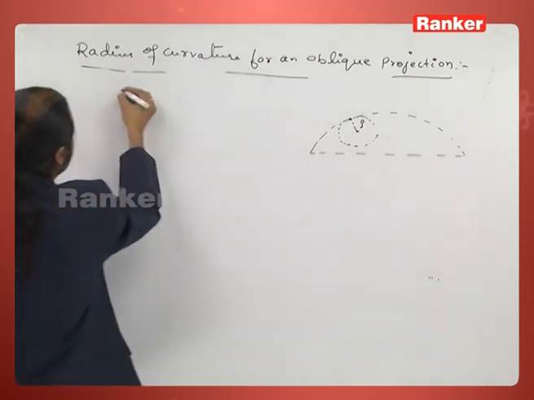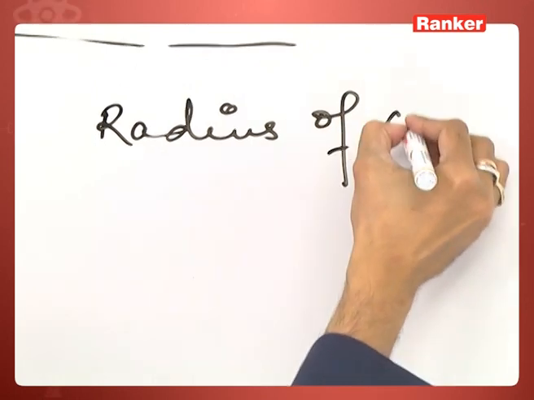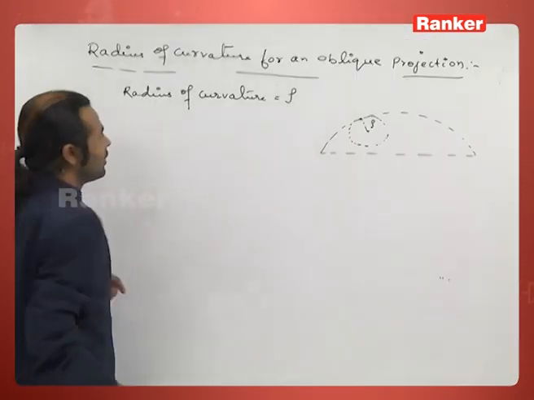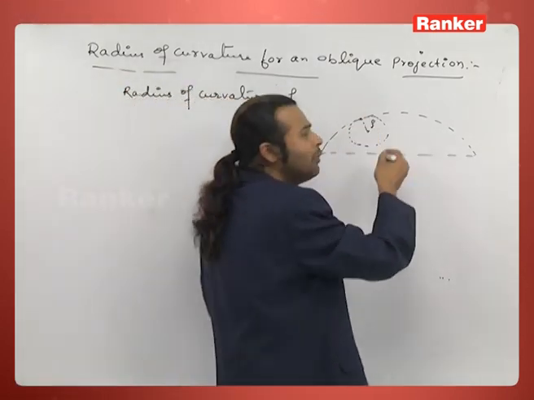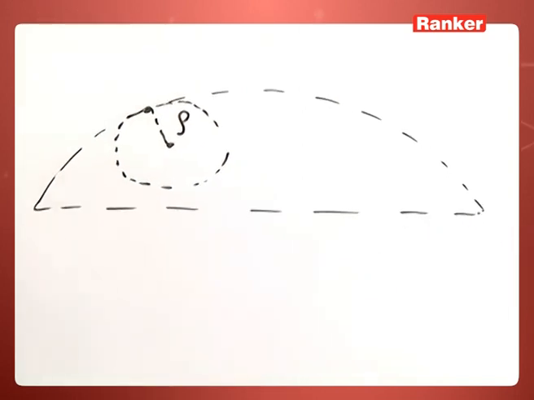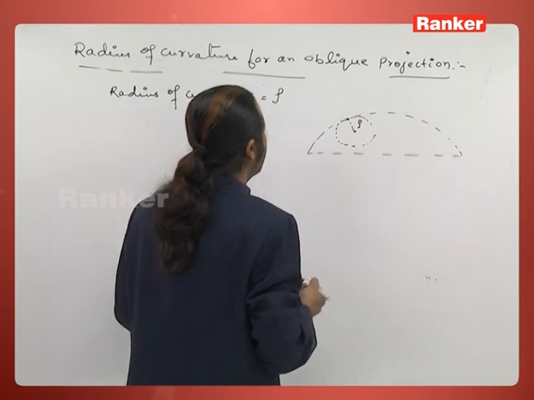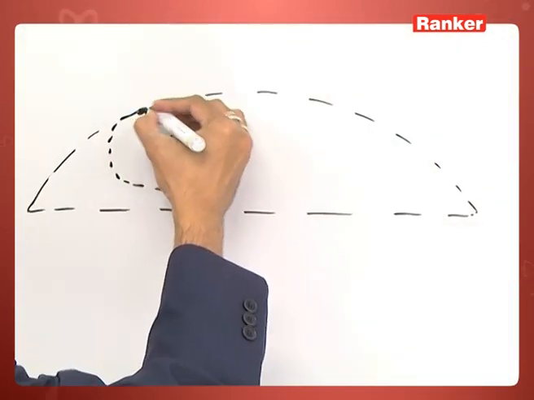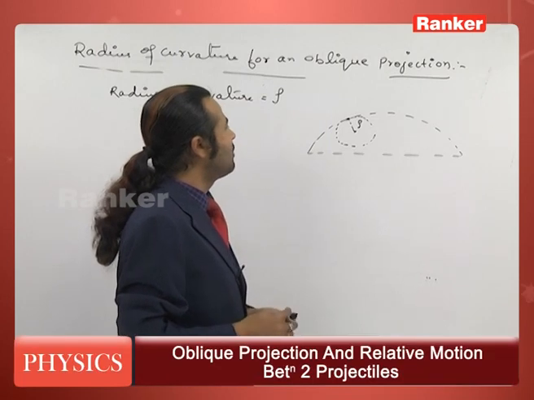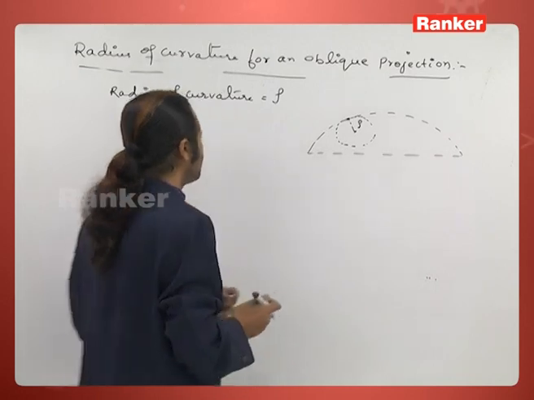So here I mention radius of curvature is rho. So the particle is able to make that circle or not, that is not our concern. So when we talk about radius of curvature for an oblique projection, we say at that instant of time, the particle is trying to say that he wants to make a circle of radius of curvature rho.